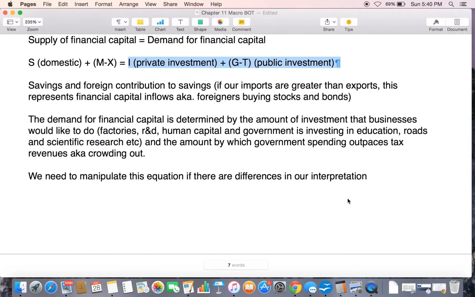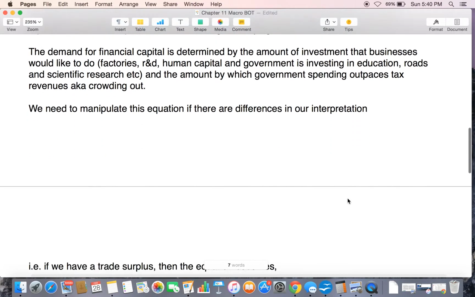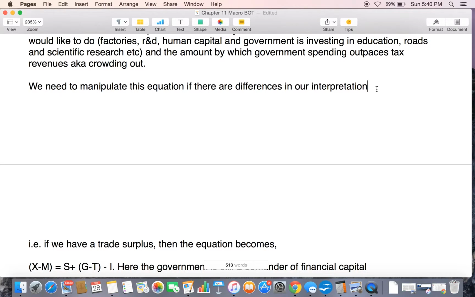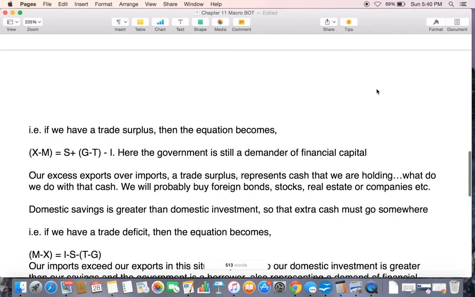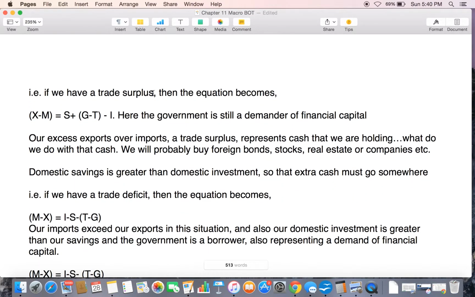So we might need to manipulate this equation if there are differences in our interpretation of the situation. And this might have been a kind of confusing aspect of the text this week, so I wanted to look at it very closely. If we have a trade surplus, so we know in a trade surplus that our exports will be greater than our imports, that we are exporting more goods and services than we are importing, then we will have savings that's greater than the amount of public investing and private investing.